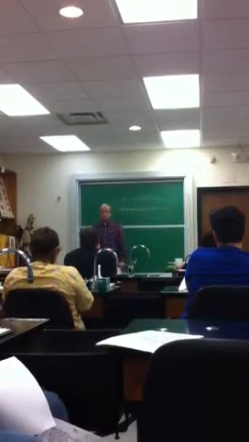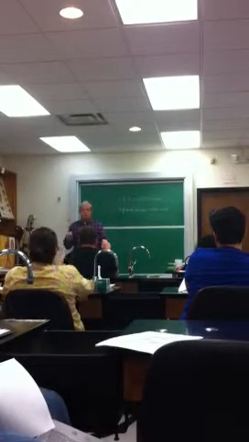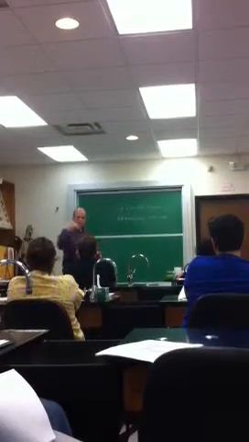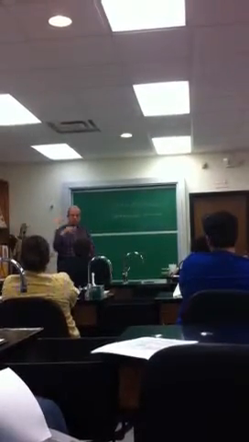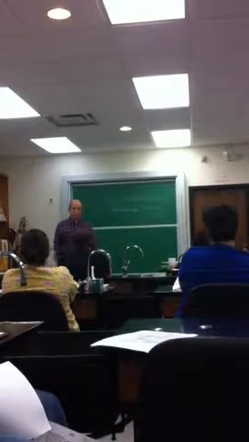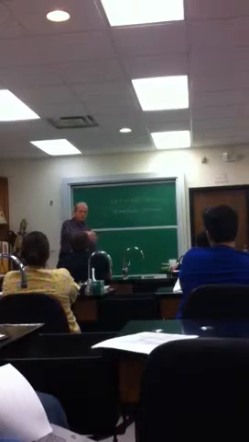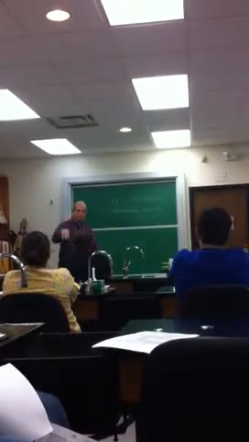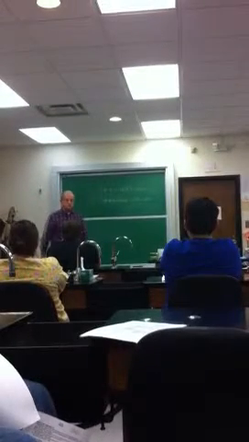Now, I've been on your cases all semester to put the units with the number of a result. I told you when we talked about hematocrit to put a percent. When I talked about total red blood cell count, so many millions per cubic millimeter, right? Always put the units.